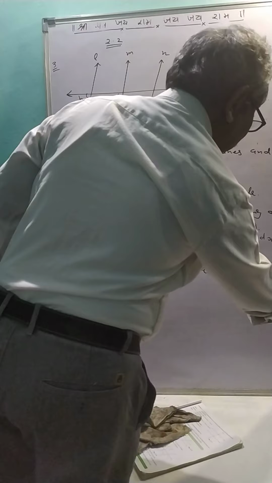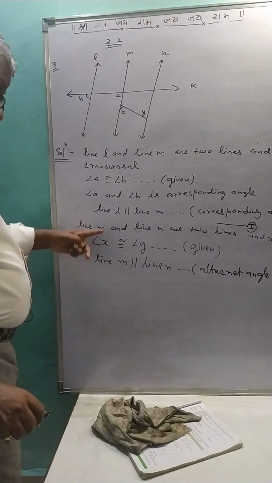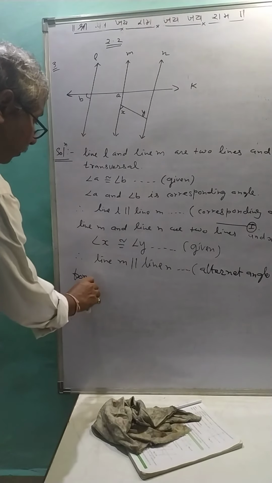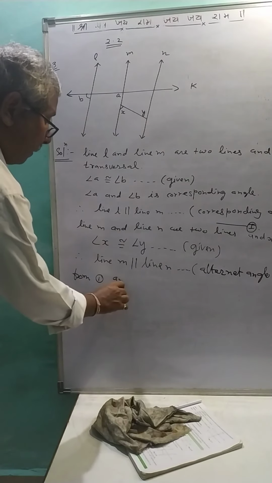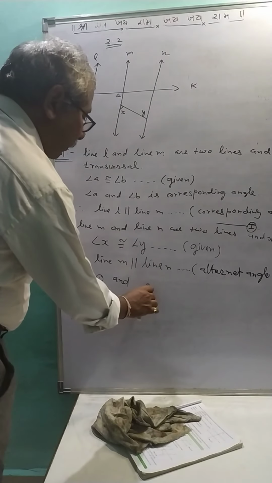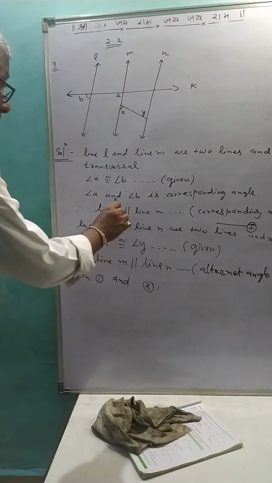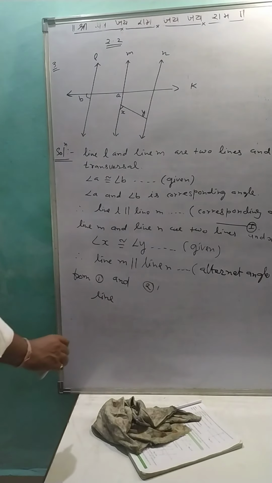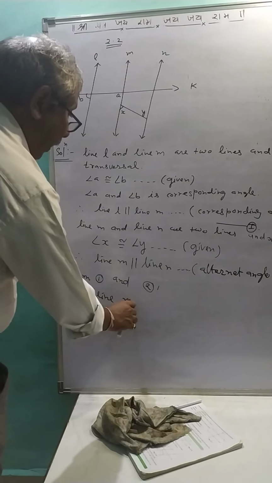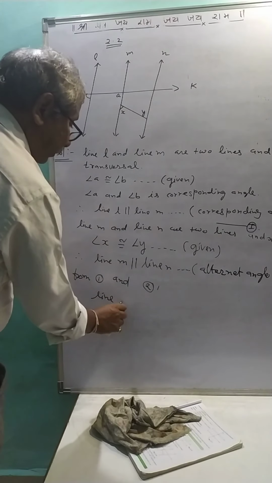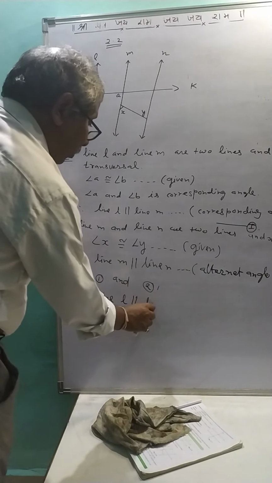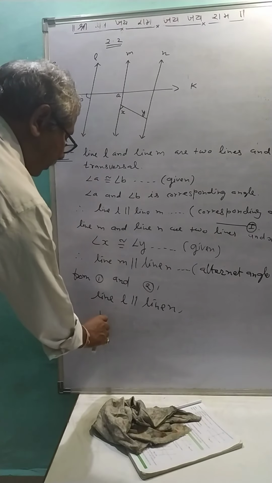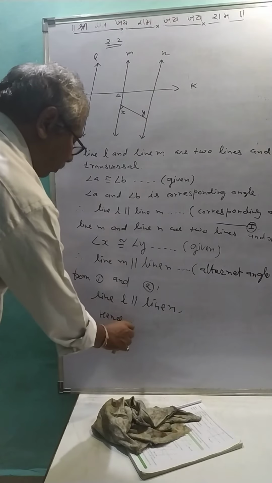Say number 2. Now from 1 and 2, we can say that line L is parallel to line N, and hence proved.